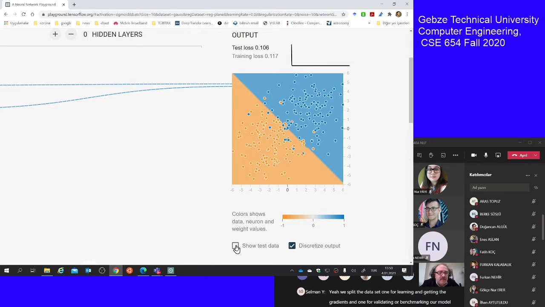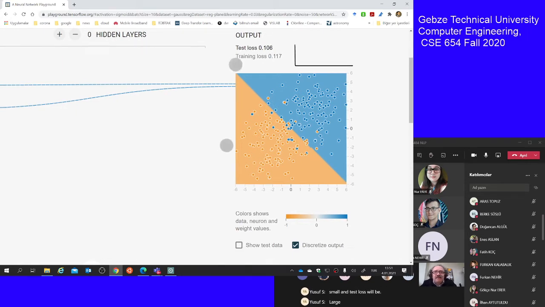So test data is never used in the training, right? Yes. So how come our test loss is smaller than the training loss in this case? Chance. It may be overfitted. If you are overfitting, then your training loss would be very small and test loss would be large. This is underfitting, kind of.